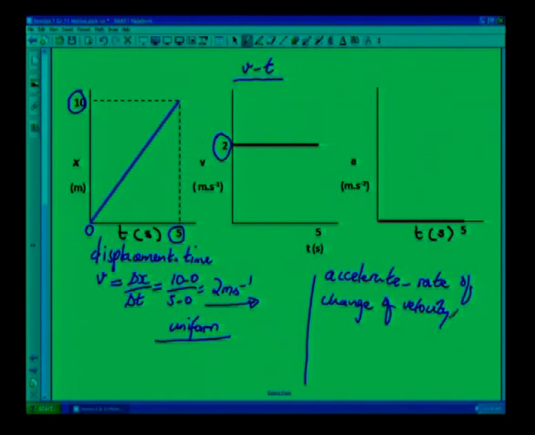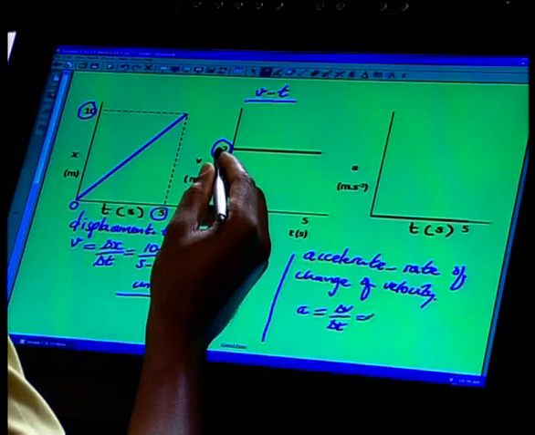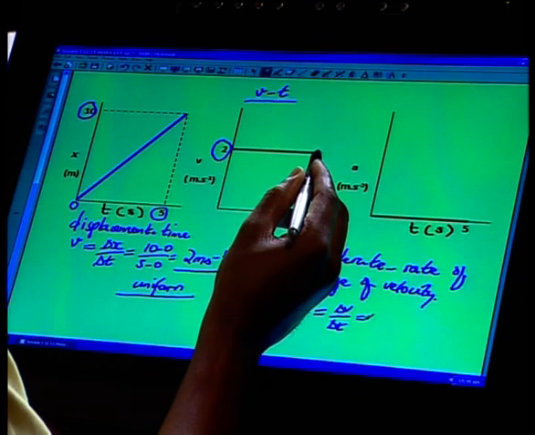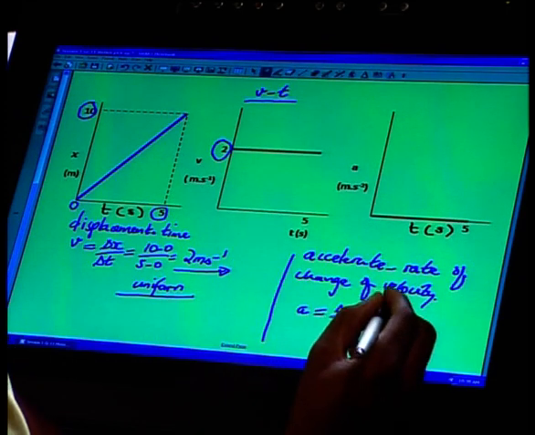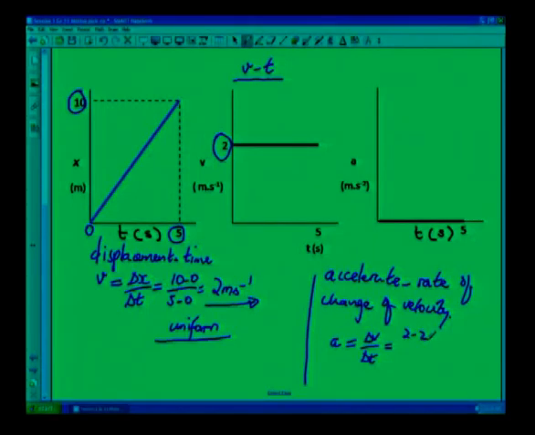No. So if we were to calculate for the acceleration here, this change in velocity over change in time, it's actually the same as saying, look, it started from 2 meters per second. Even after 5 seconds, it's still moving at 2 meters per second. So you've got 2 minus 2 divided by the time 5 minus 0.